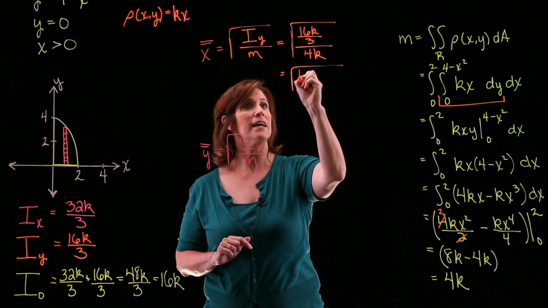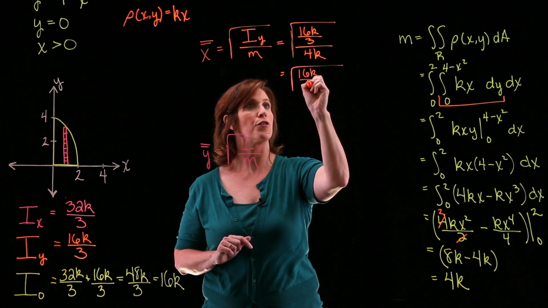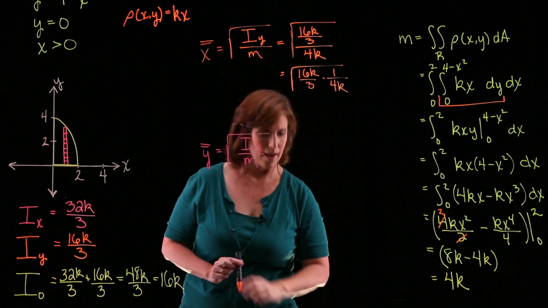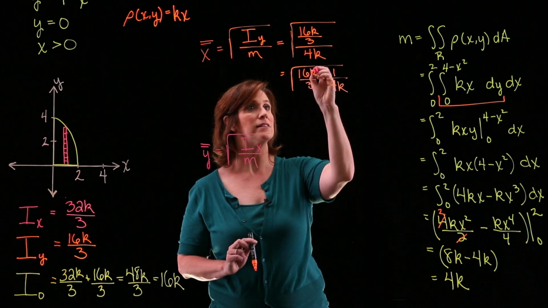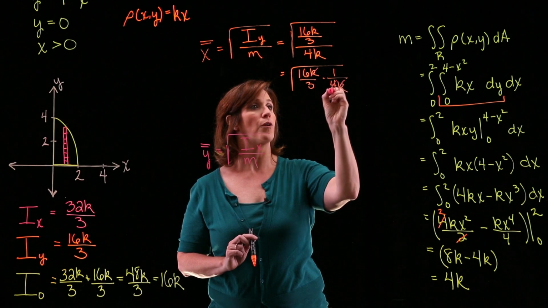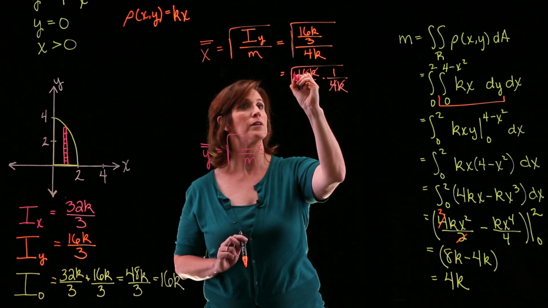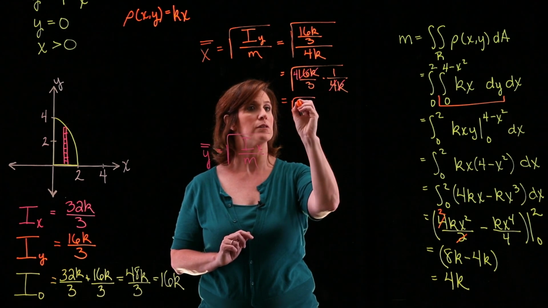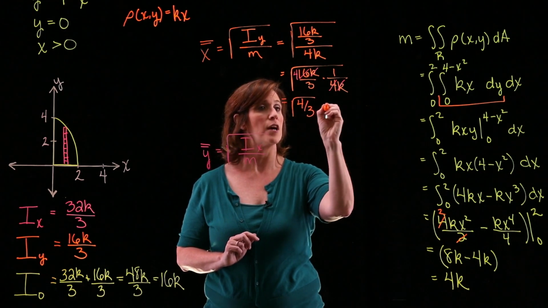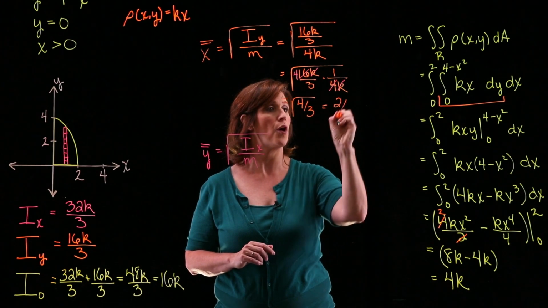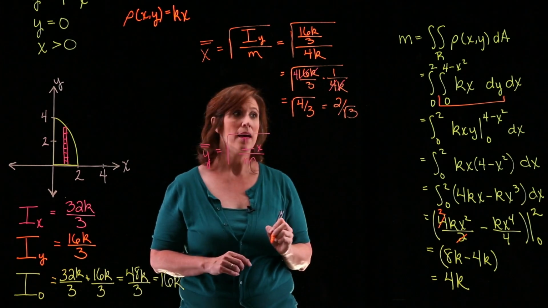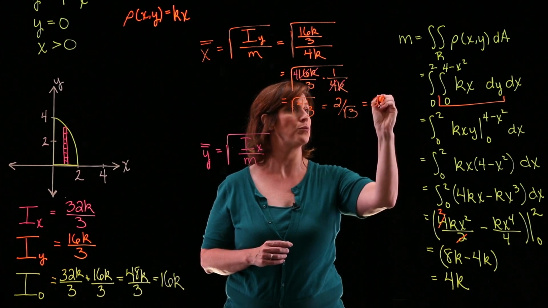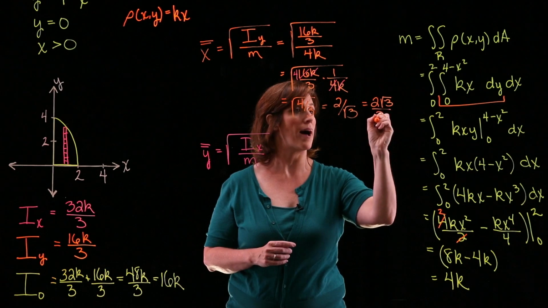So with a little arithmetic, I have 16k all over 3 times 1 over 4k. The k's cancel. 4 goes into 16 4 times, and I have the square root of 4/3, which you can write as 2 over the square root of 3, which is perfectly fine. If you prefer, you can rationalize this and write it as 2 root 3 divided by 3.